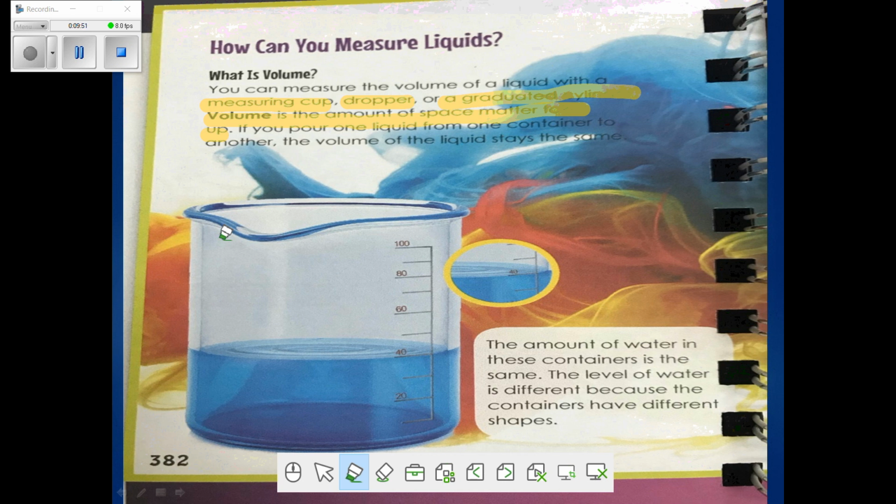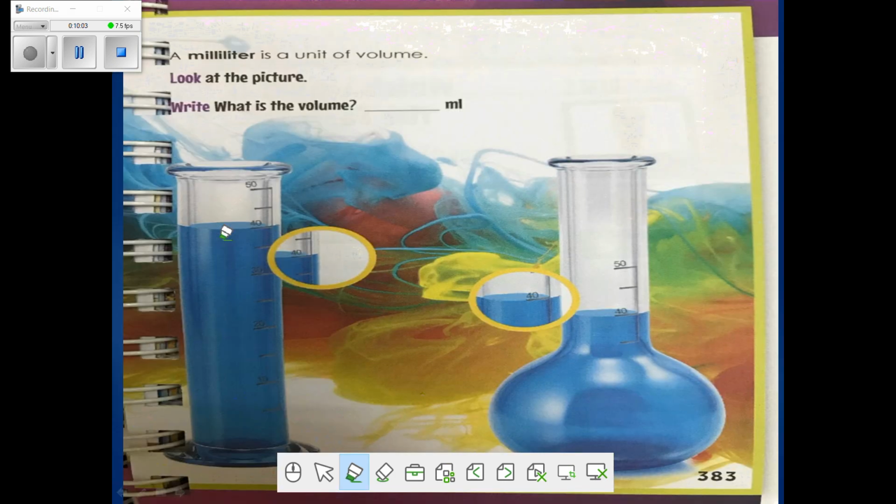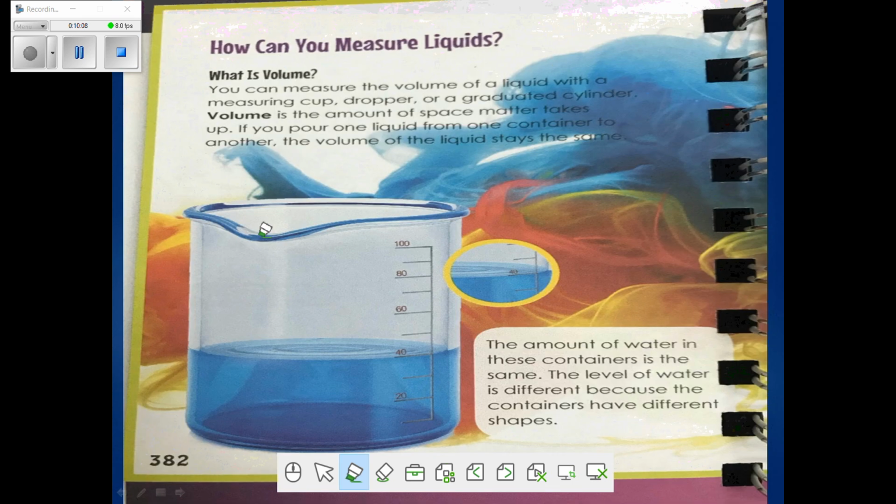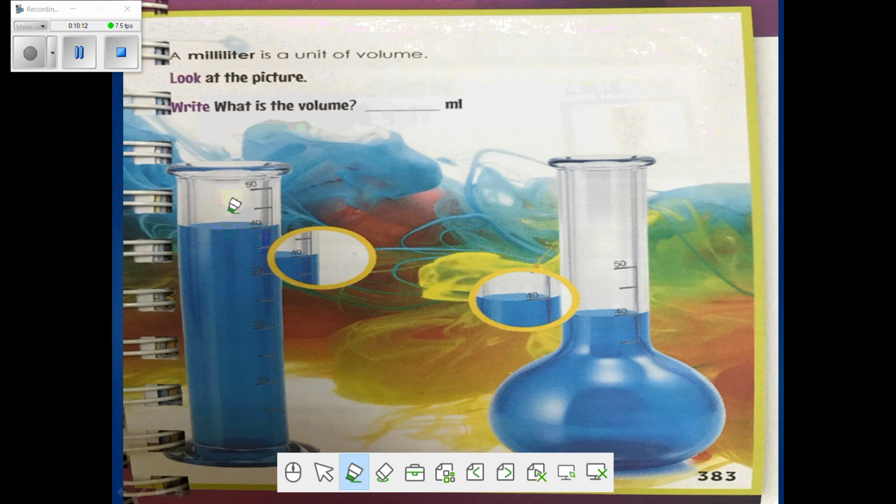So, our question: what happens if water is poured into a container with a different shape? This one, sorry, and this one here, the graduated cylinder. Here, I want to pour the water here.